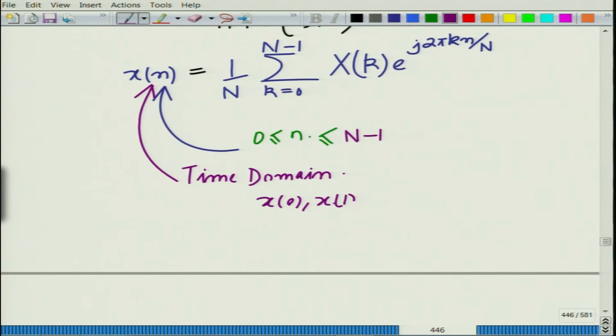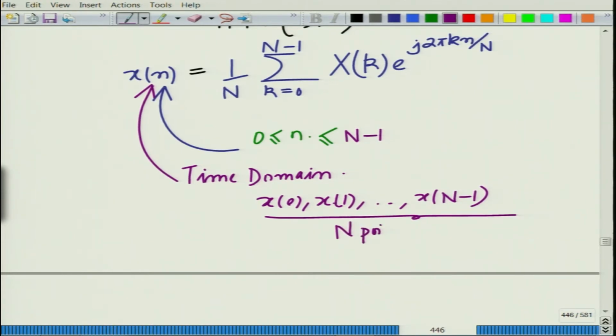And therefore you will once again have the N points x[0], x[1], up to x[N minus 1], the N point discrete and finite signal. Okay.